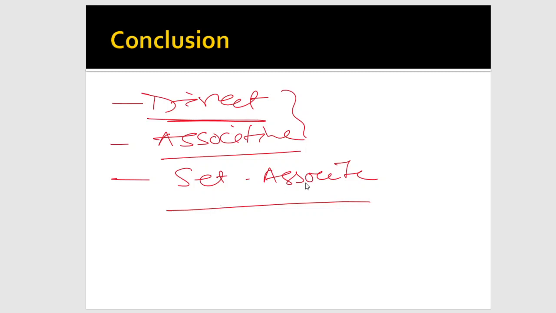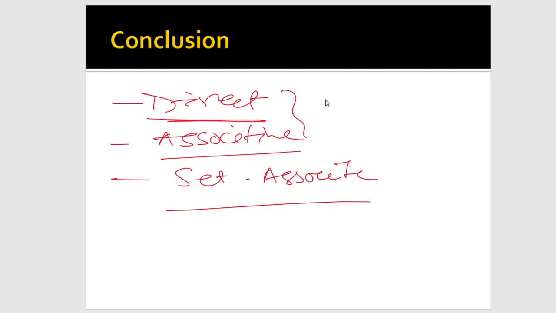Once you get the block number, you apply the mod function to determine the particular set. Once you determine the set, the blocks within that set are used to place that particular block of the main memory. Set associative caches are nowadays used by almost all processors, and are more popular in comparison to direct and associative mapping. We have done some numericals based on direct mapping and associative mapping.